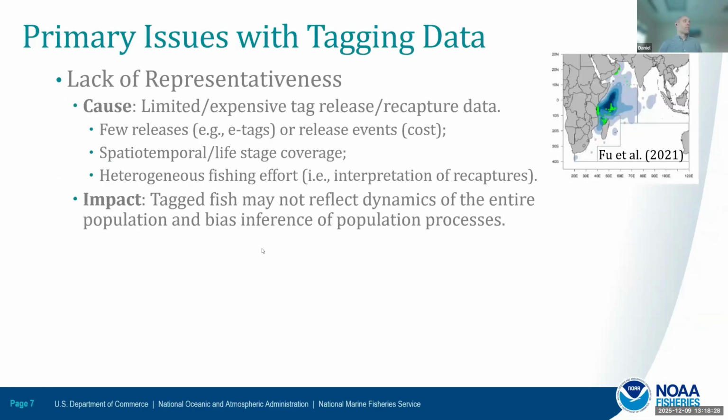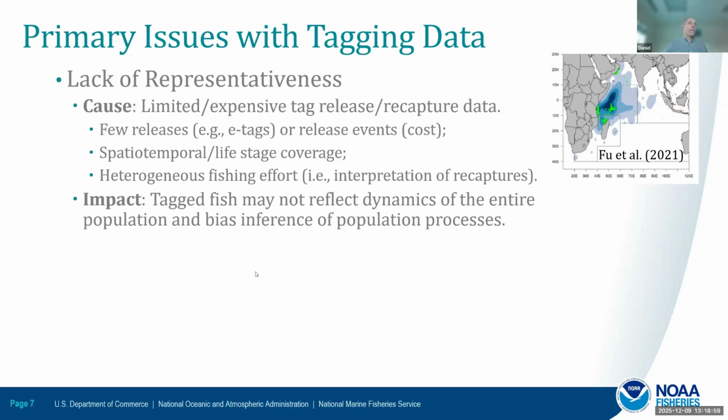So I'll just briefly go over some of the main issues. Like I said, representativeness, I think, is the main one. You have few releases or few release events for the most part, depending on your tagging type, when you're talking about tuna. So then you have limited coverage, both spatially and temporally, but potentially more importantly, by life stage. Especially if ontogenetic movement patterns are important, then you obviously need to cover all the life stages with your tag releases.